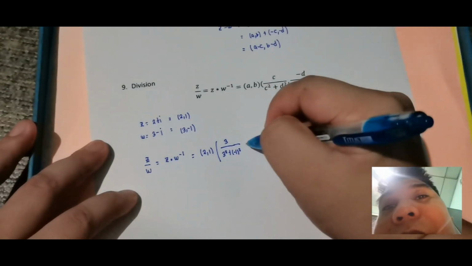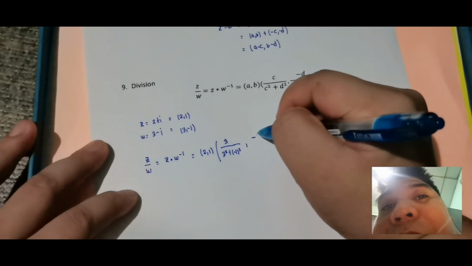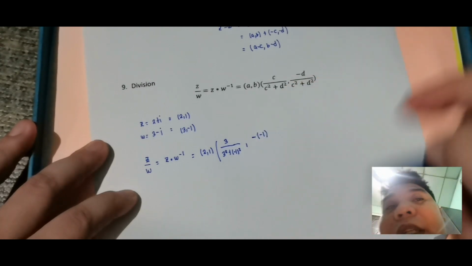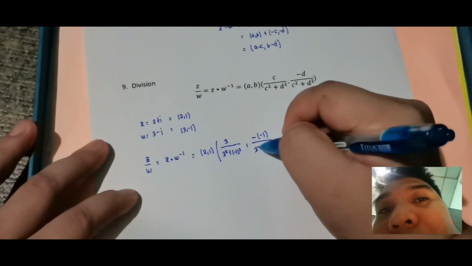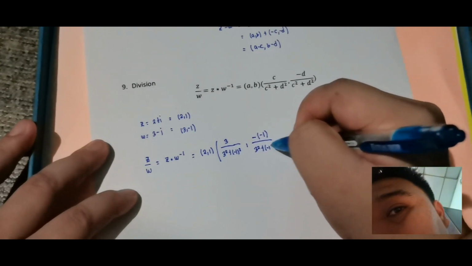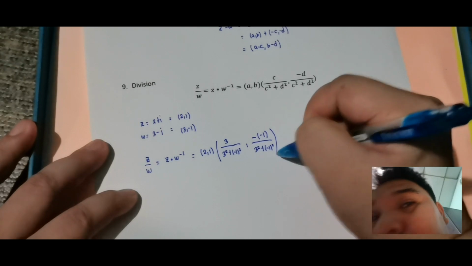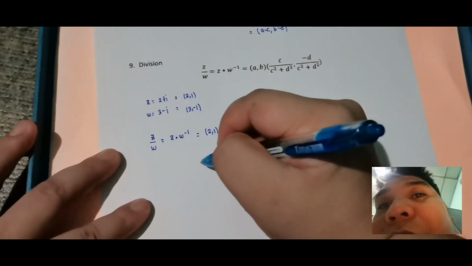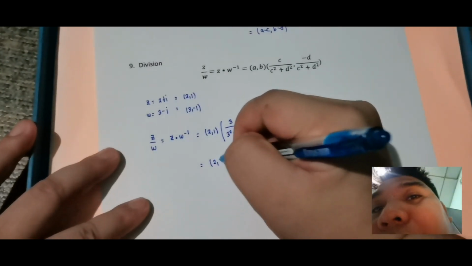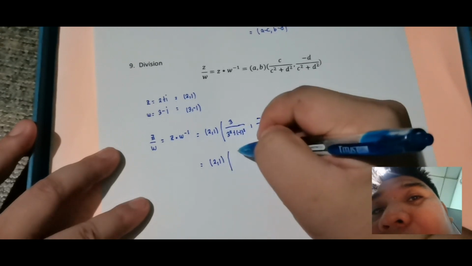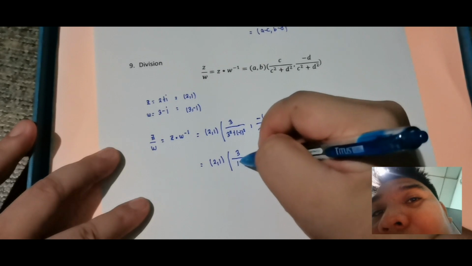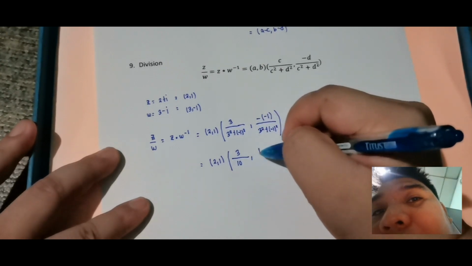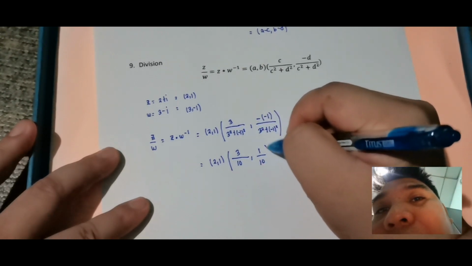Okay, then that is negative of negative 1, kasi negative yun, all over 3 squared plus negative 1 squared. Okay, and that is equal sa (2, 1) multiplied by (3 over 10, positive 1 over 10).